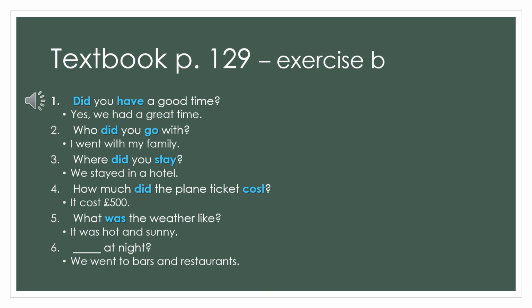It is the past simple form of the verb be. Where did you go at night? Did is the auxiliary verb and go is an irregular verb.